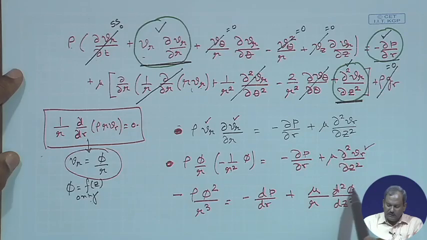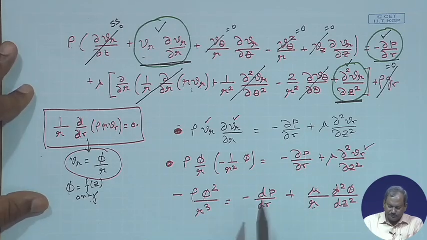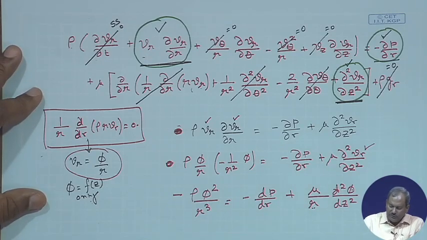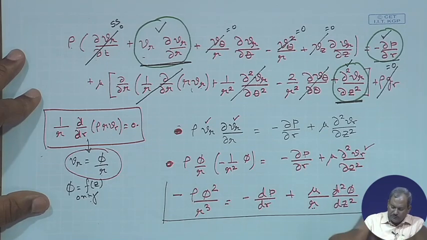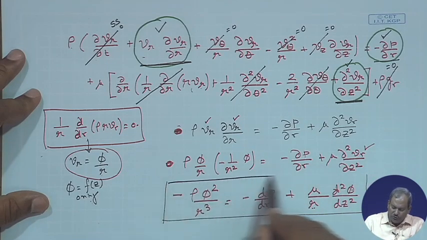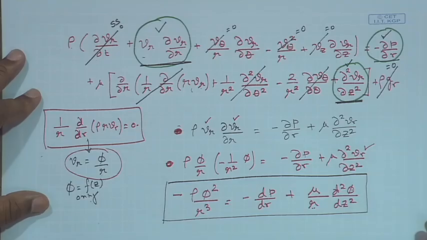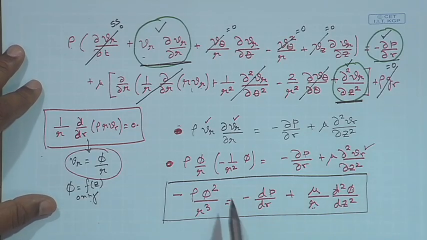It would simply be d2 phi by dz square, and the r over here would simply come at this point. So my reduced form of the governing equation for flow between two circular disks as a function of applied pressure gradient would simply take this form.